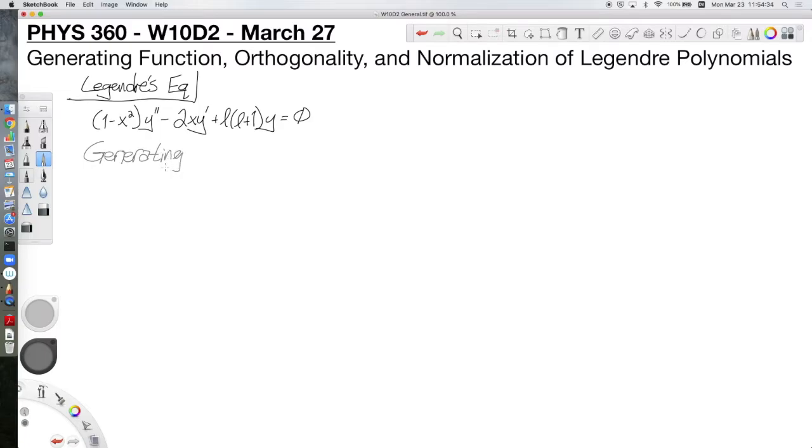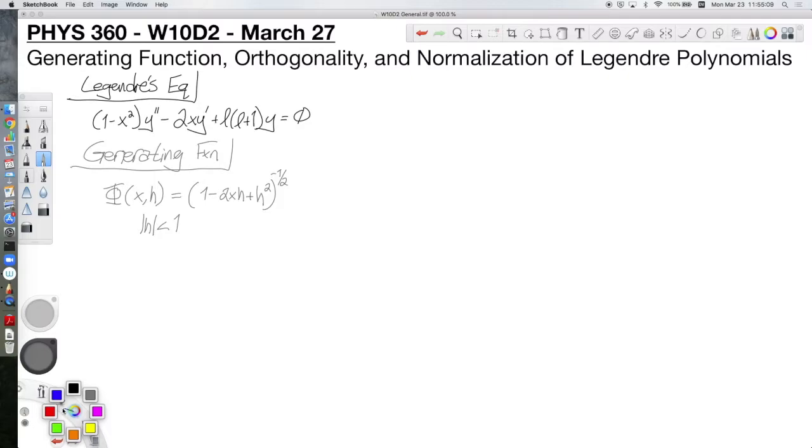This is the generating function for Legendre polynomials, given the variable capital phi, and it is a function of, for now, x and h, and it has a value of 1 minus 2xh plus h squared, all to the negative 1/2 power, where h is between 1 and negative 1.